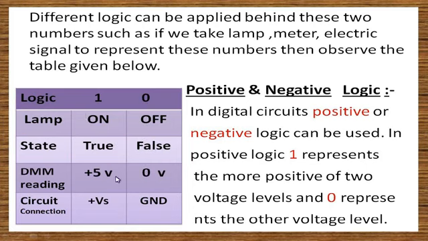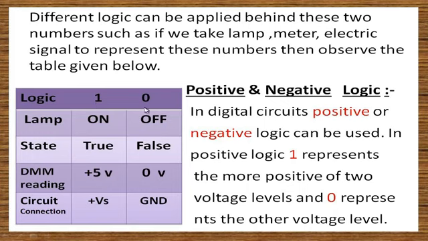But the meaning of both representations of logic, with the help of the lamp and the DMM, is the same. While connecting the circuit, if we have to apply 1 to the input of any gate, then we apply plus Vs to the input of the gate. Okay, then there is logic 1.